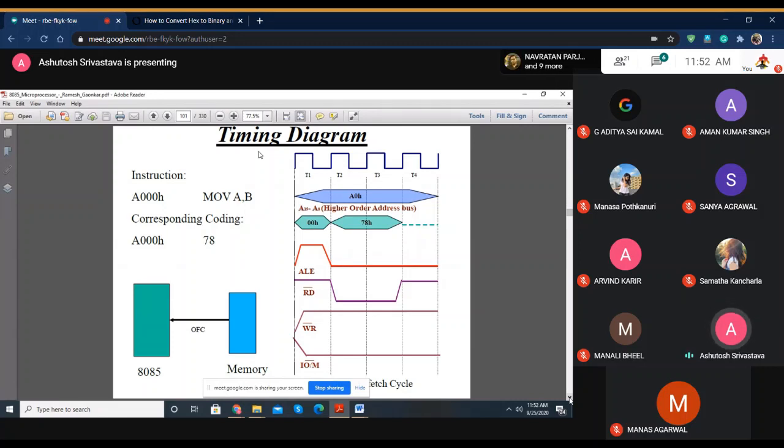Communication at any single time is also of 8-bit in your 8085 microprocessor. Even previously we have talked about using the concepts of ALE and sustaining of your lower order and higher order address for 1 T state and 3 T states.